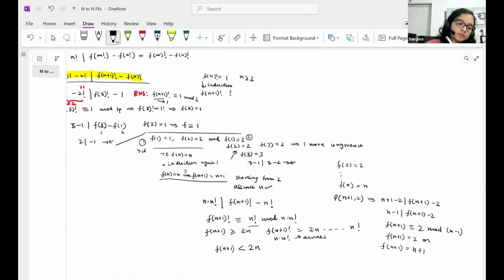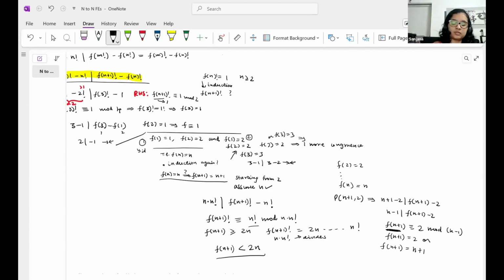Right, so if f of 3 is equal to 2 or f of 3 is equal to 3, from here you get one more congruence, and that basically gives you the value of f of n plus 1. Because you have two congruences and you can combine them, and you also know that it's less than 2n. So that just gives you one of the two cases. I'll leave you to work out the details yourself.